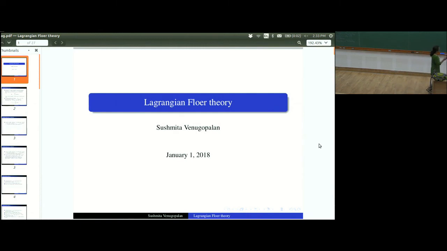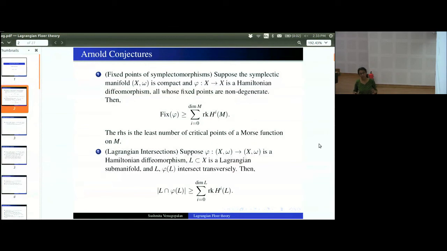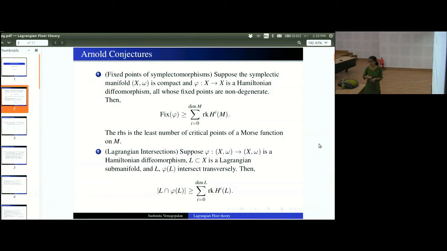So I start with the Arnold conjectures, which Janko also talked about. The first conjecture is what Janko talked about. I consider a compact symplectic manifold, and any Hamiltonian diffeomorphism whose fixed points are non-degenerate.